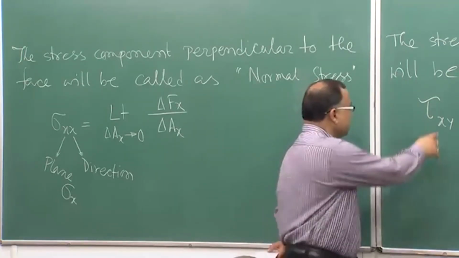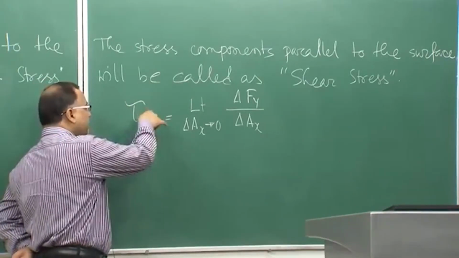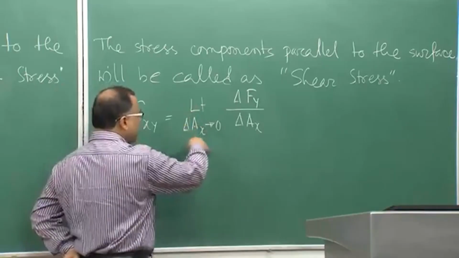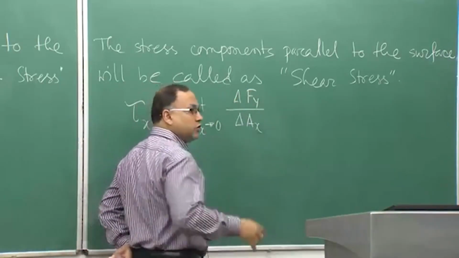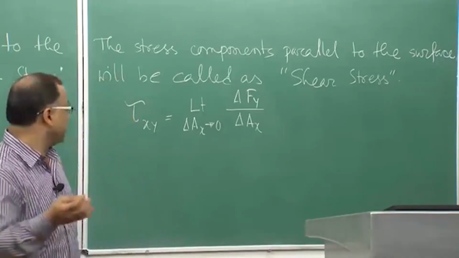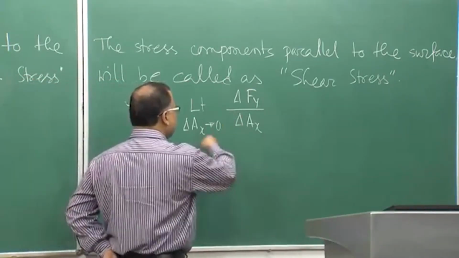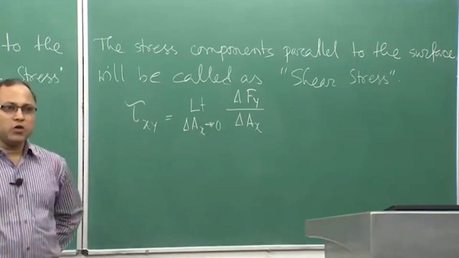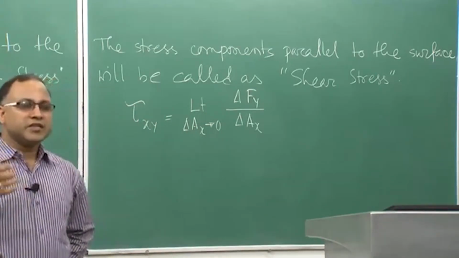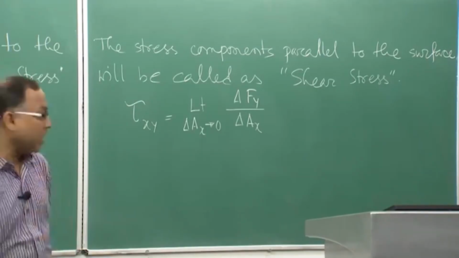You look at there. So, this stress component is acting on x plane, but in y direction, and that is defined by this, because which force is developing this shear stress? Delta F y, right. So, delta F y over delta A x, when delta A x tends to 0, will give you the shear stress component along y direction on x plane. Okay.